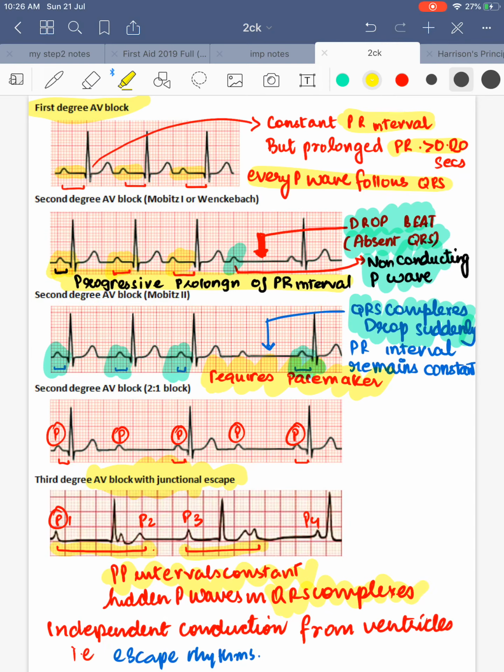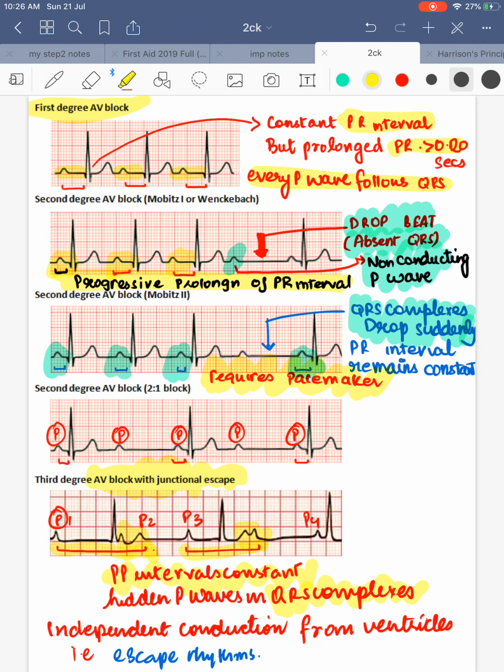And what is escape rhythm? Escape rhythm is independent conduction from the ventricles. That is, the ventricles would contract by themselves without needing any impulse generation from the atria. As you can see, the escape rhythms are so evident in this, and this definitely requires a pacemaker.